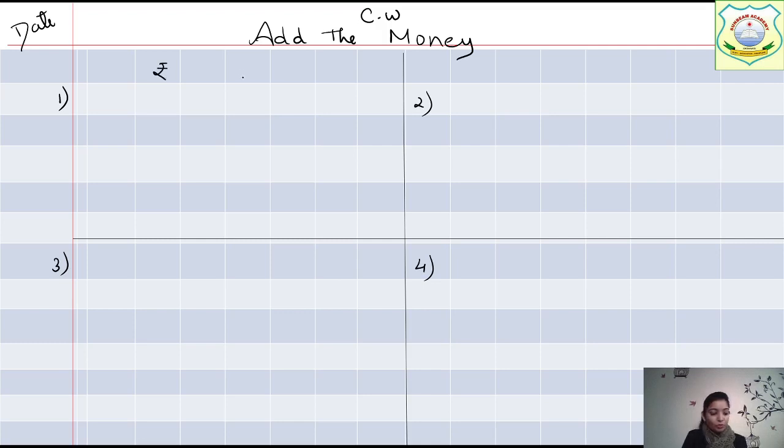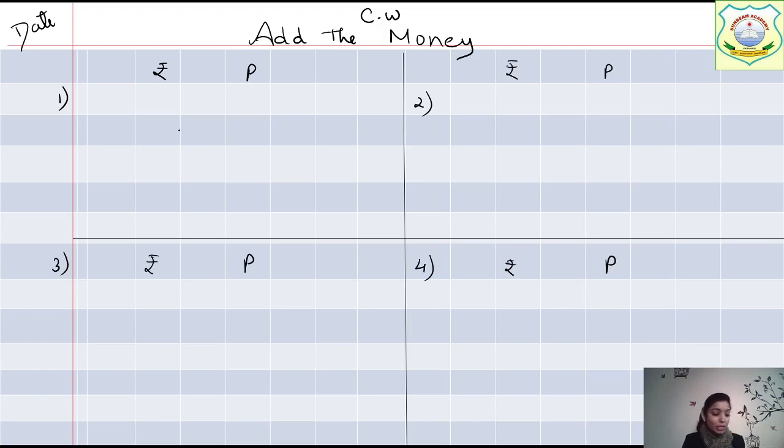For rupees, leave one box for the decimal and then write P for paise. In every question you have to do it like this. Now after writing this, we have to write the question.